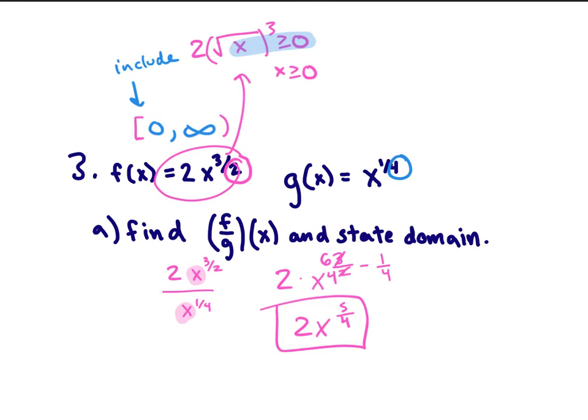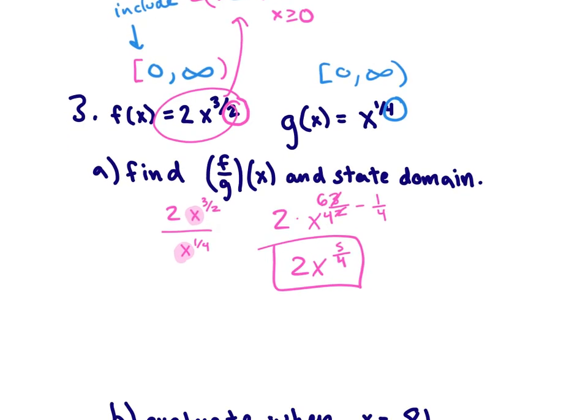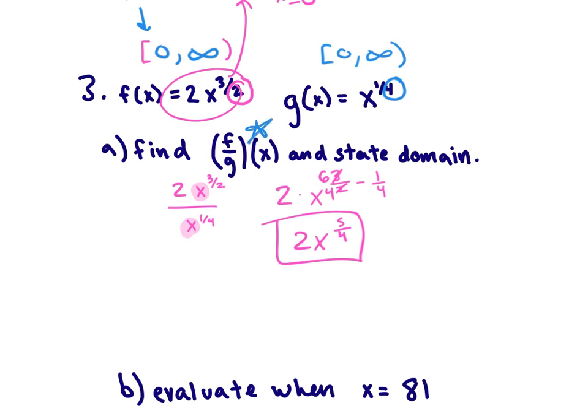Is our index even? Yes, 4 is even. So we can't have negative numbers. So what's our domain for g of x? 0 to infinity. Now the last thing we have to check, since we are dividing, we can't have 0 in the denominator. So we're saying x to the 1/4 cannot be equal to 0. How do we get rid of that 1/4?